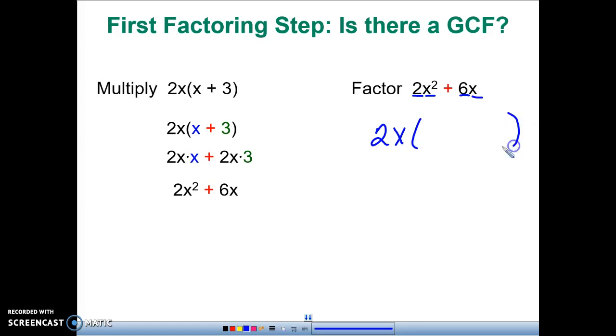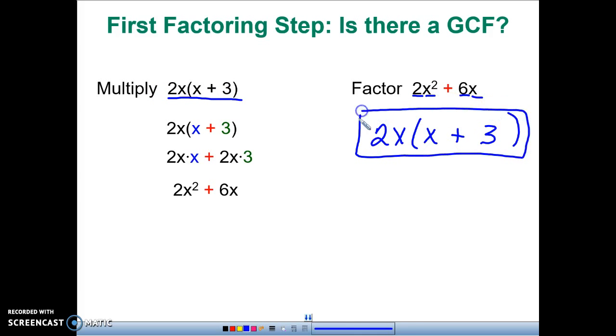Okay, so I pulled out my GCF. Now to find out what's left, what goes inside the parentheses, this is what I do. 2x multiplied by what gives me 2x squared? Now that's got to be an x. Bring down the plus. 2x multiplied by what gives me 6x? Yeah, that has to be a 3. And you can see that's the answer that we should have gotten. That's the answer when we factor out the GCF.